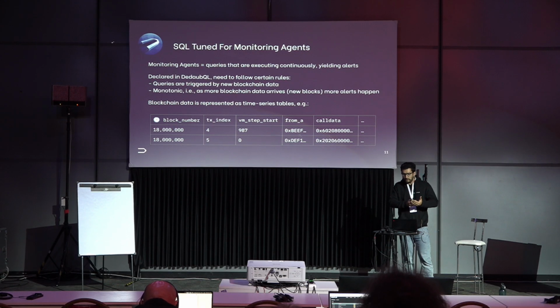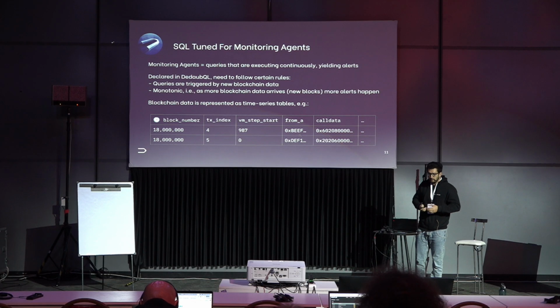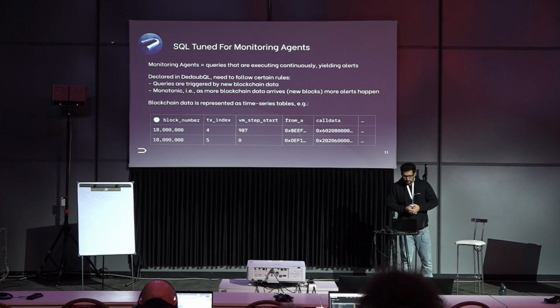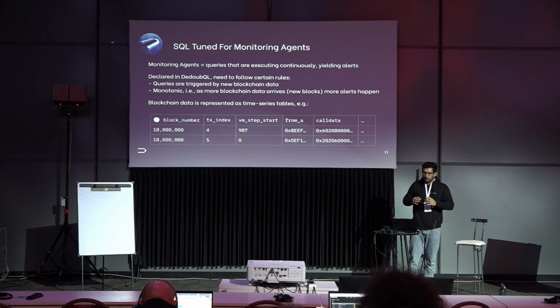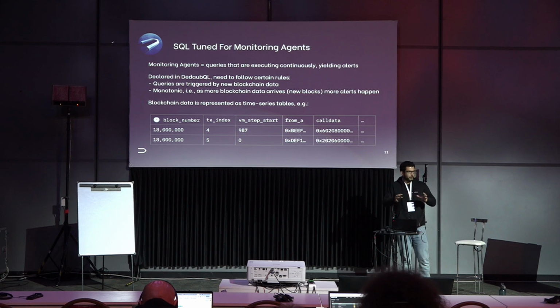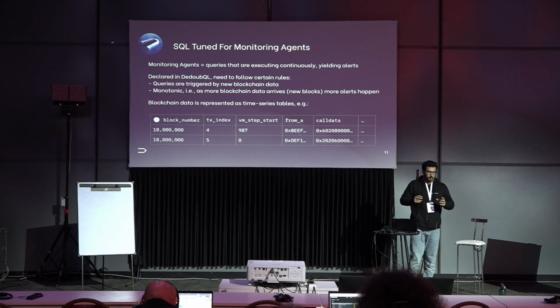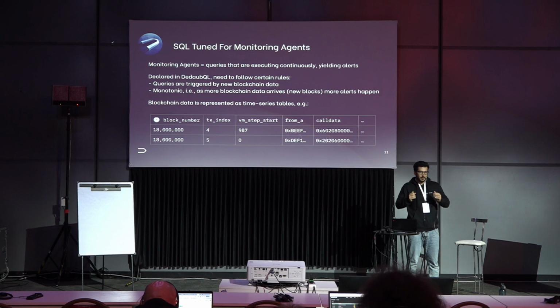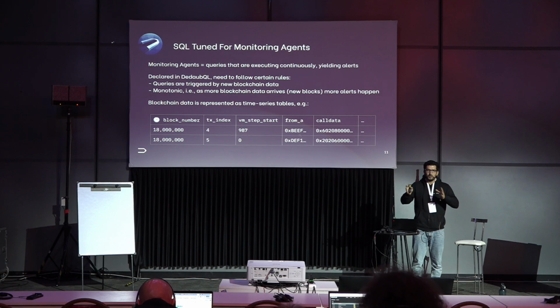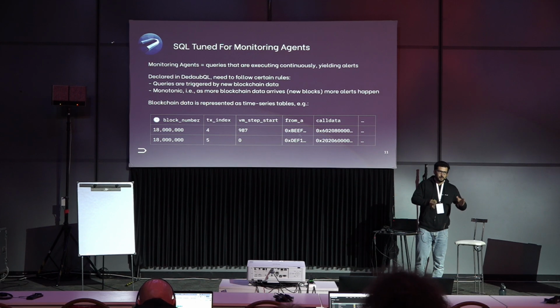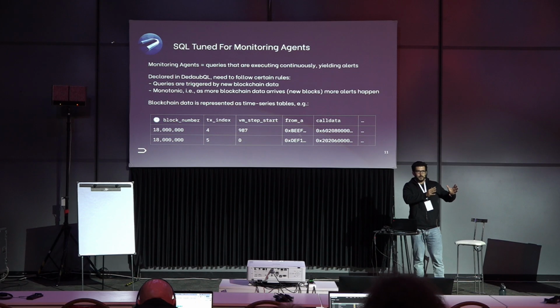Okay, so the monitoring agents are declared in Dedaub QL, which is a variant of PostgreSQL. And you need to follow certain rules in order to make these effective. So first of all, the queries in Dedaub QL are triggered by new blockchain data, which means that as new blockchain data comes in, your query is triggered on this new blockchain data, and you get results.